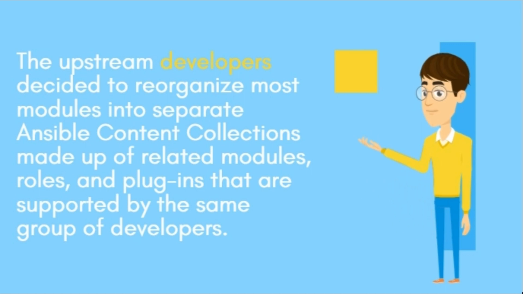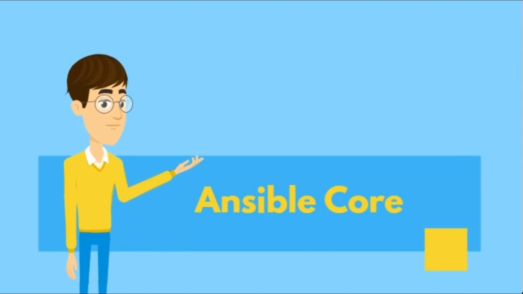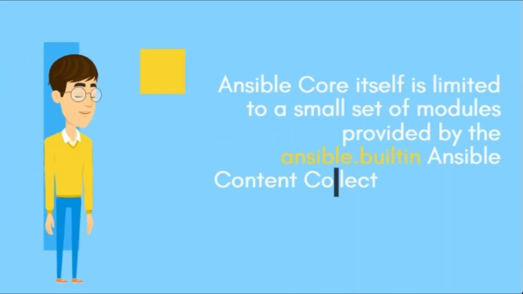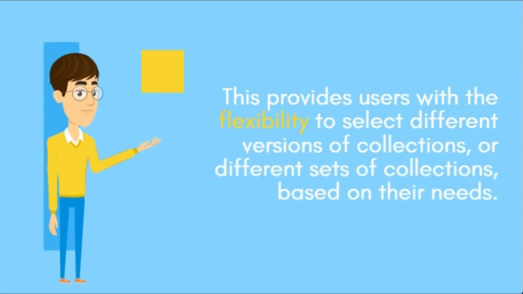The upstream developers decided to reorganize most modules into separate Ansible content collections made up of related modules, roles, and plugins that are supported by the same group of developers. Ansible Core itself is limited to a small set of modules provided by the built-in Ansible content collection, which is always part of Ansible Core.